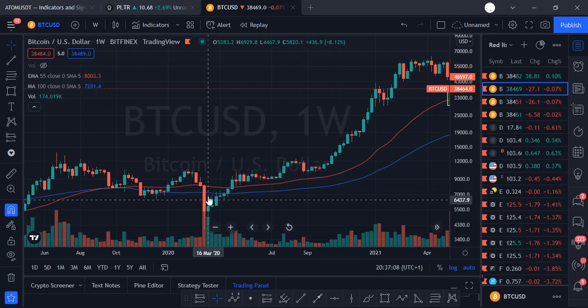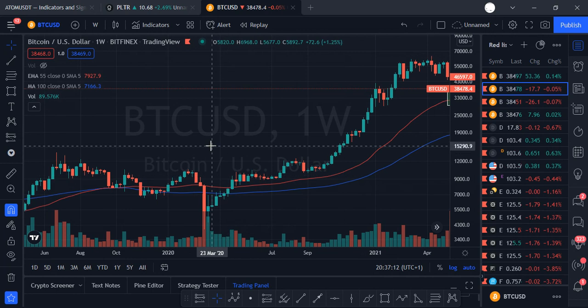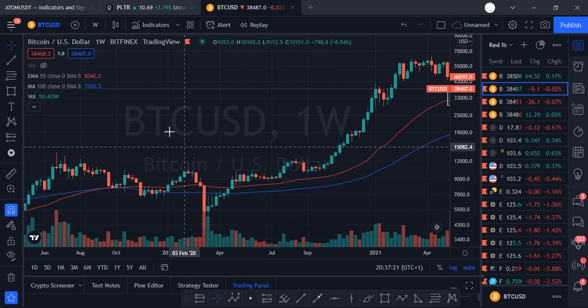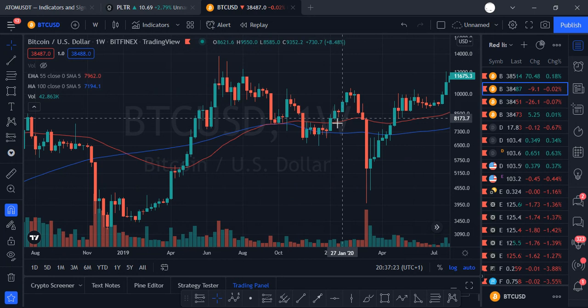Where might it fall to? So, in previous times, you can look at where it lost support and what it took to get back above support again. It spent about 1, 2, 3 weeks battling to get back above there again, didn't it? What's happened previously?